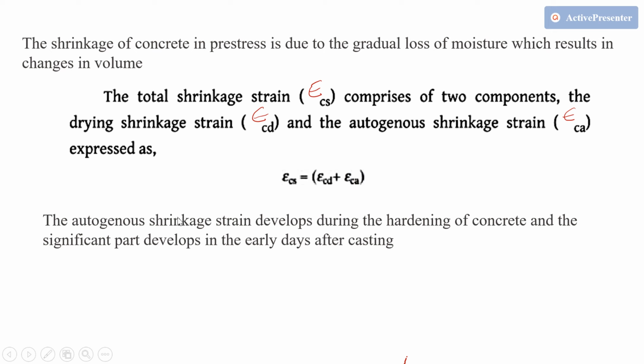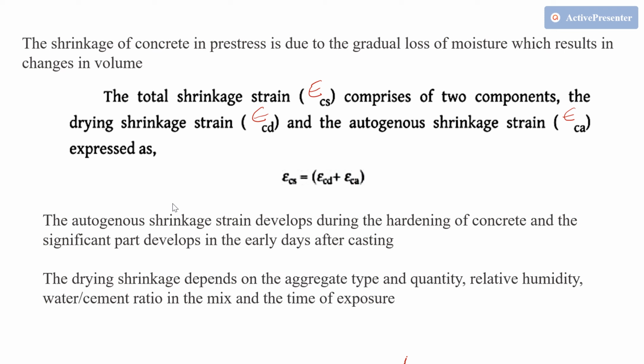The autogenous shrinkage strain develops immediately after the hardening of the concrete. That is, within 28 days of your concreting, during the hardening of the concrete, this autogenous shrinkage strain occurs. And the drying shrinkage strain develops after the hardening of the concrete, over the lifetime of the structure.